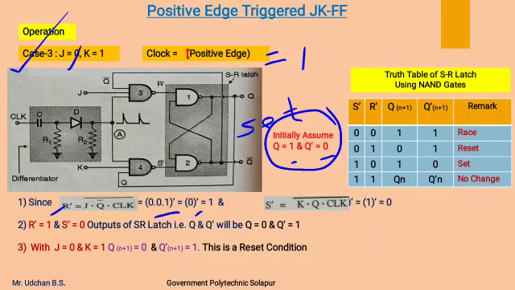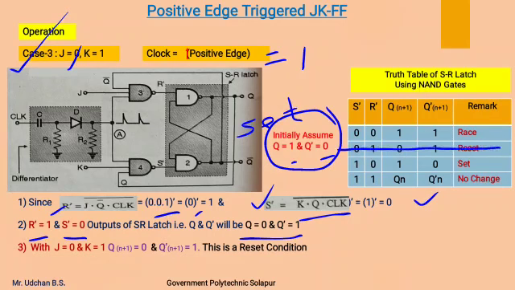Similarly, we can put the values of K, Q and clock into the expression of S dash. We get the value 0. So for the given input combination we get R dash as 1 and S dash as 0, by which the output of this SR latch, that is Q and Q complement, becomes Q as 0 and Q complement as 1, as written in this truth table.